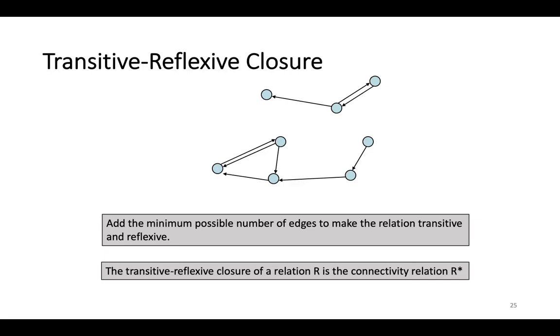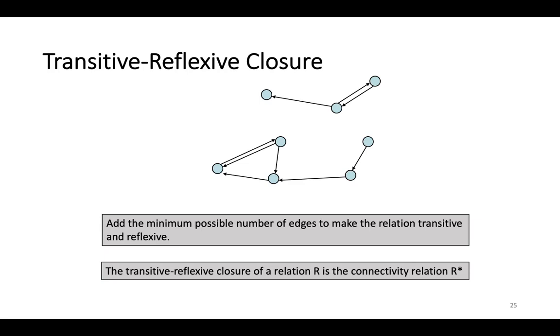So here is that. Here is the R. If you want to write R star, you need to make sure of that information. You need to add some edges to make sure of those properties.